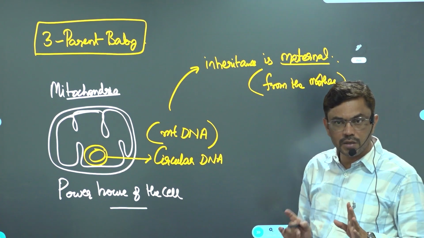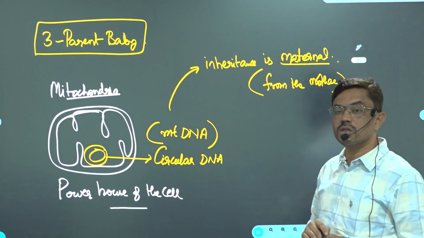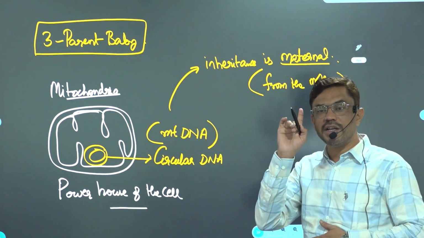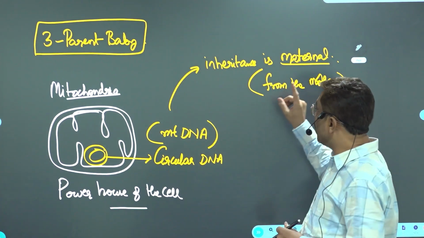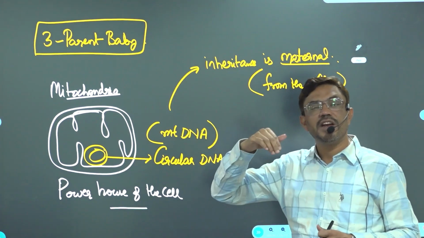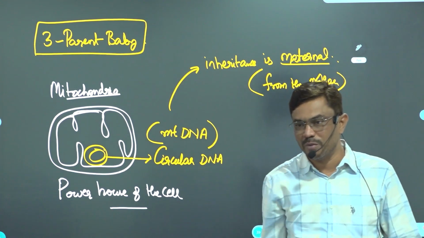Suppose this mitochondrial DNA is abnormal in the mother, this abnormal mitochondrial DNA will be inherited to the next generation, to the babies.